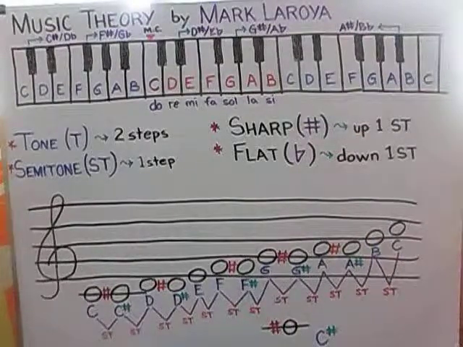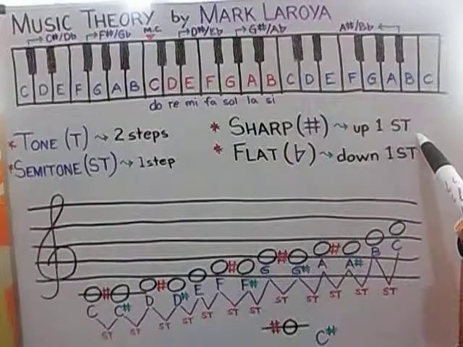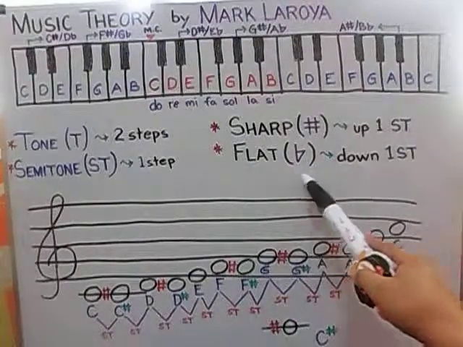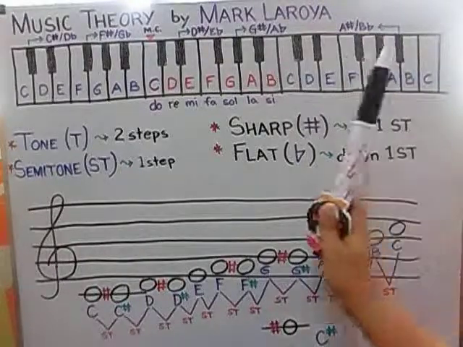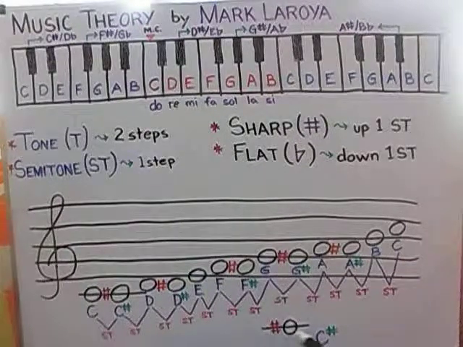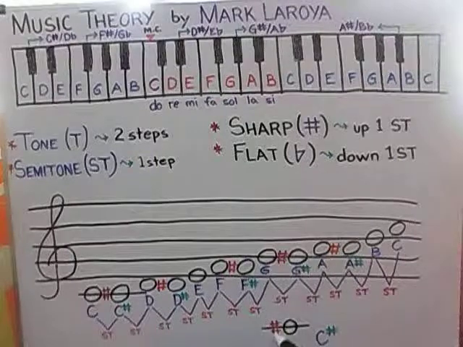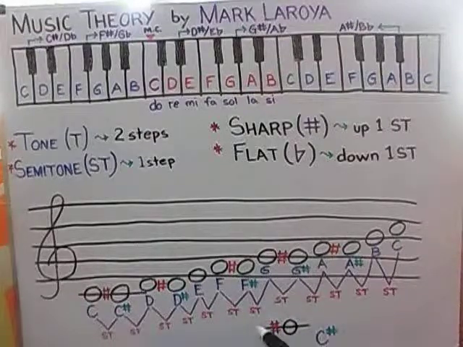But actually, the meaning of sharp is going one semitone up, and the flat is one semitone down, going to the left of the keyboard. Okay, the proper way of putting the sharp symbol or the flat symbol is like, for example, this ledger line.